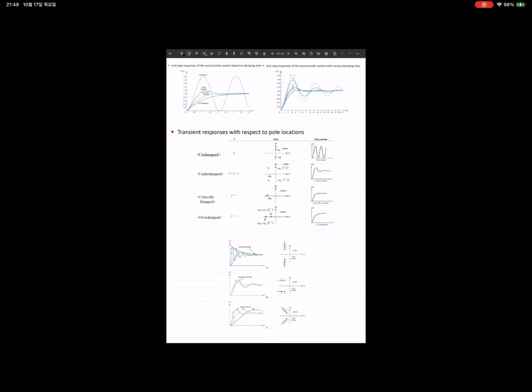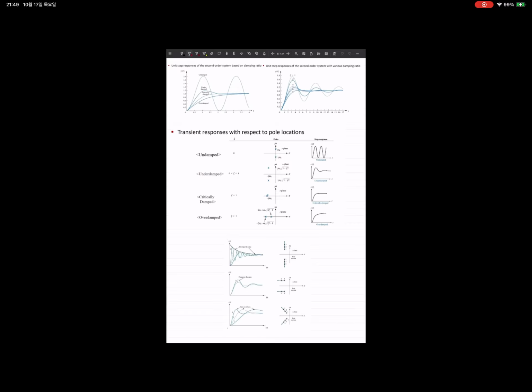The imaginary axis corresponds to zero damping. It means the damping ratio is 0, and zero damping results in sustained oscillation response, and the system is marginally stable or unstable. So as you can see that the location of characteristic equation roots, which is again poles, plays an important role in the time response of a second-order system.